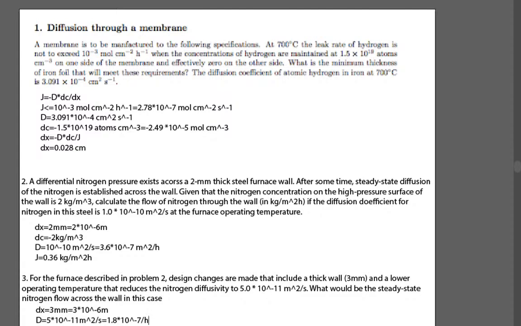The DC is still the same. So that means we can get the J here by plugging them all into the calculator: 1.8 times 10 to the power of negative 7, multiplied by the DC, which is 2, divided by 3 times 10 to the power of negative 6.